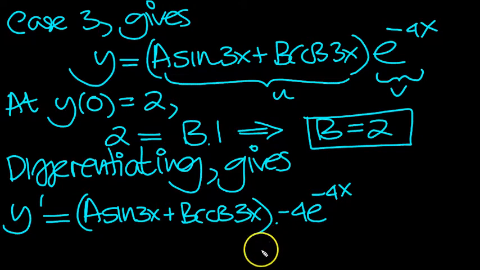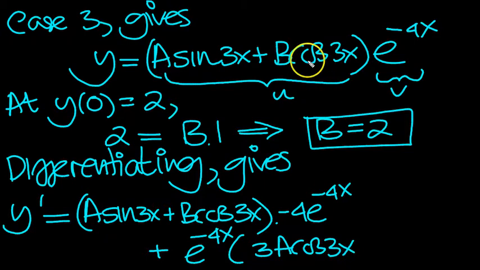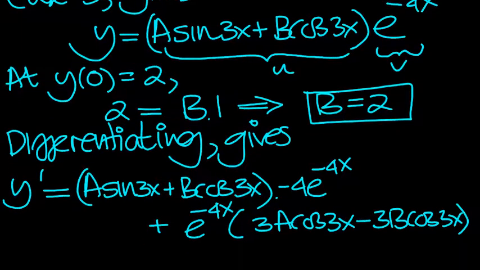That's u dv dx, plus v, which is e to the minus 4x, times du dx, and there's two terms in here to differentiate. Sine something goes to cos of something, multiplied by the something differentiated. So the 3 comes out, doesn't it? So we'll have 3a cos 3x, and here the cos goes to minus sine and the 3 comes out. So we'll have minus 3b sine 3x. That's what we've got. So that's y dashed.